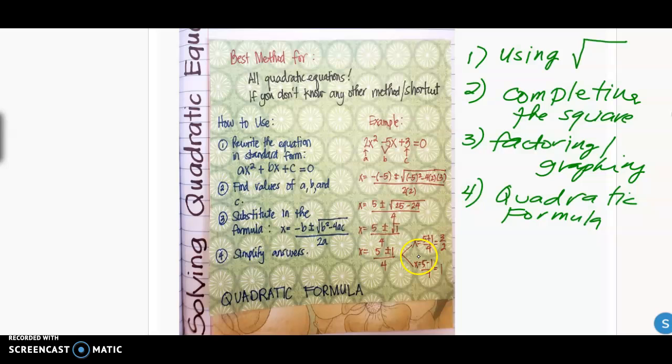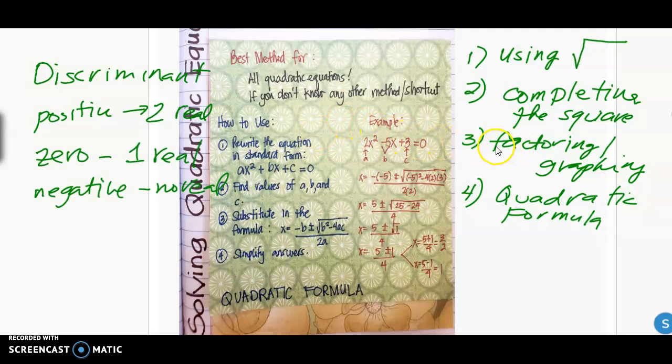So if the discriminant is positive, meaning it has two real solutions, then I would probably use factoring or graphing to solve the equation.